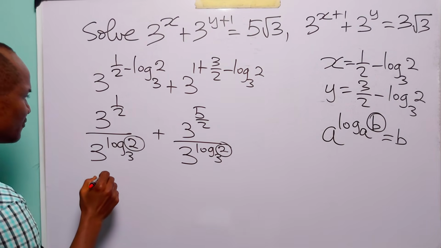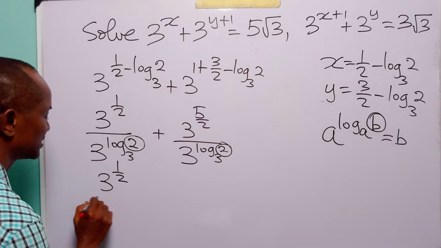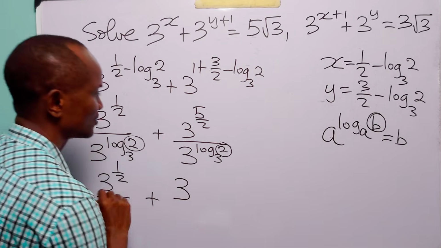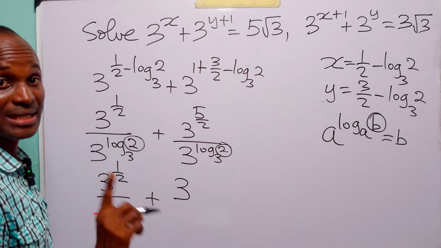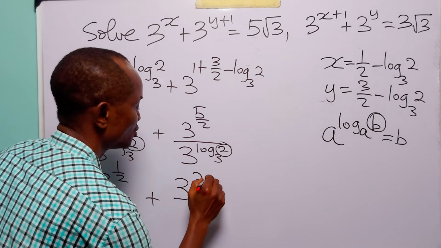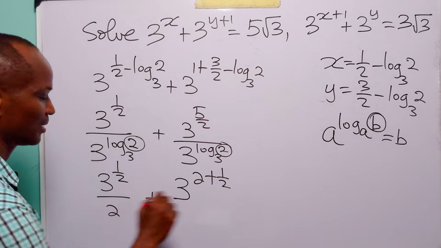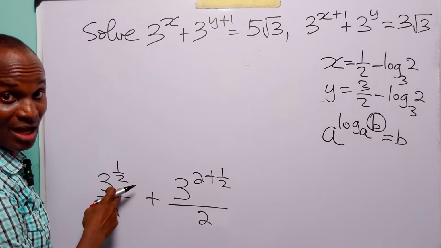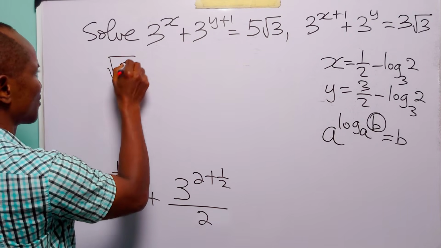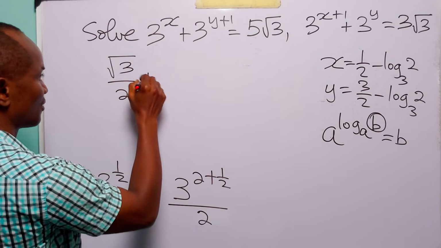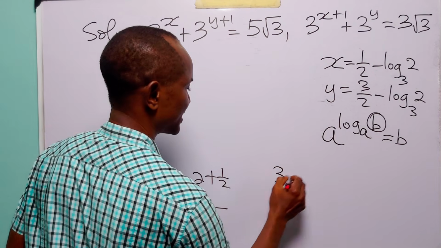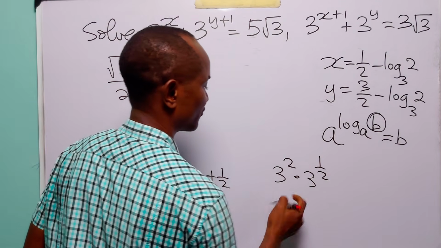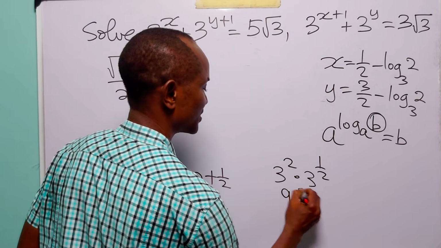So in this equation, we have 3 to the power half divided by 2 plus, in this case, we have 3 to the power 5 over 2, which is the same as 2 whole number plus half, and of course divided by 2. Now writing this in radical form, this is going to be the square root of 3 divided by 2 plus, now here we have 3 squared multiplied by, because of the addition, 3 to the power half. 3 squared is 9 and 3 to the power half is root 3.